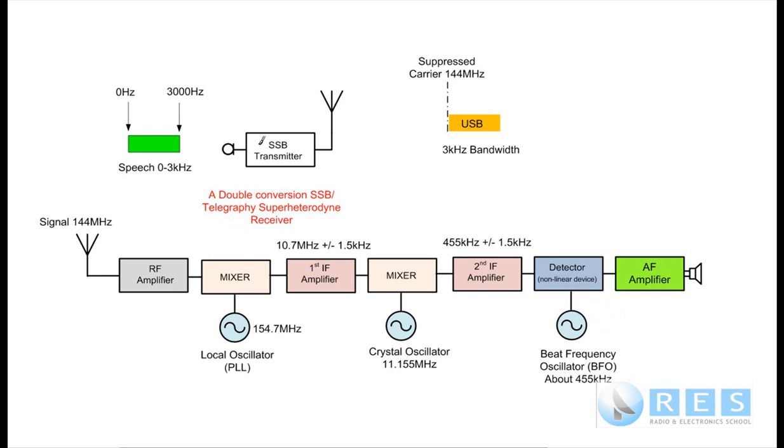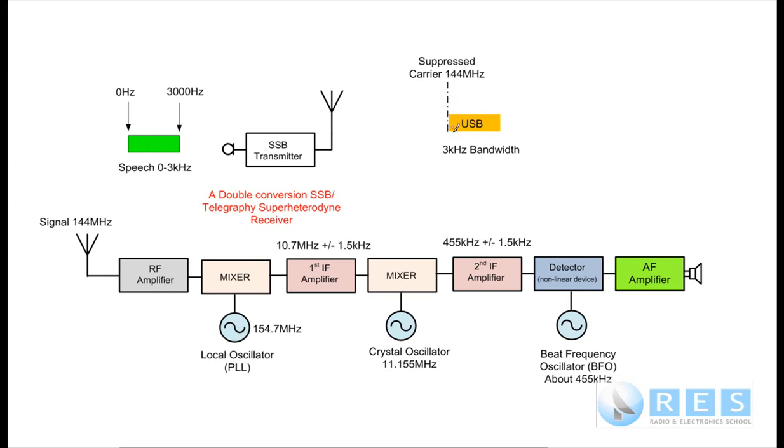Here we're transmitting on single sideband. We've got a bandwidth of 0 to 3 kilohertz of voice frequencies going into our SSB transmitter, and we're transmitting the upper sideband, which is 3 kilohertz wide, the same as the width of the voice frequencies. And our carrier, I've shown it as a dotted line to indicate that it's not there, but to let you know where it would be.